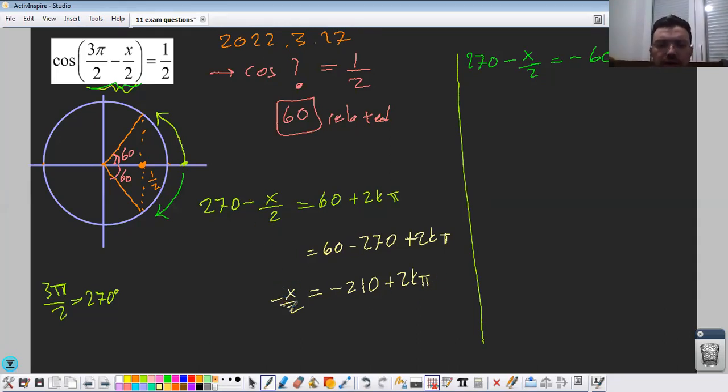To get rid of the minus and the over 2 at the same time, I multiply the whole equation by -2. Minus times minus is plus x, 2 times x/2 is x. Then minus times minus is again plus, 2 times 210 makes 420. And minus 2 times plus 2kπ is minus 4kπ.